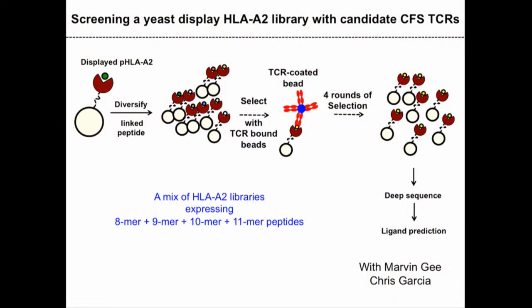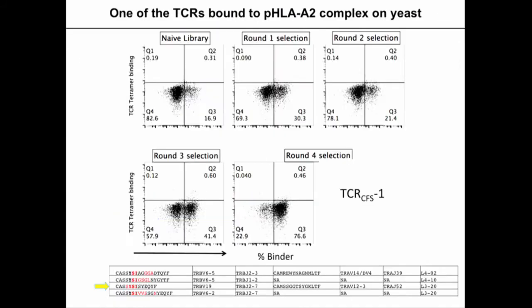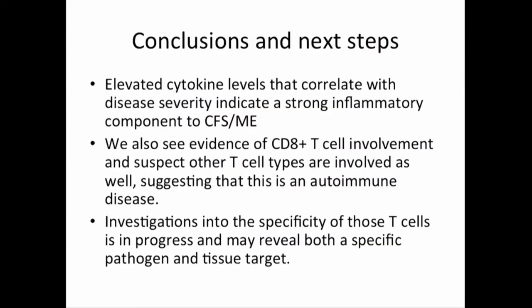So we have now gone on with these T cell receptors to look for the antigen. Here we're collaborating with Marvin G. and Chris Garcia because they have a nice yeast display system to find the antigens. So far we have just one hit out of the first couple of T cell receptors, and we're working that up to try to understand what the antigen is, and whether it indicates some particular pathogen, some particular tissue, or both, which is sort of what we would expect.